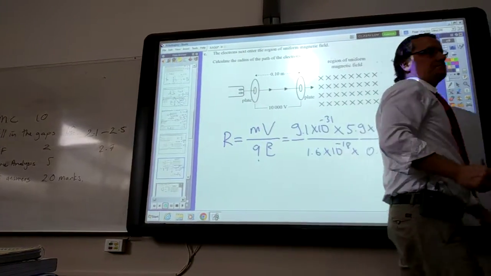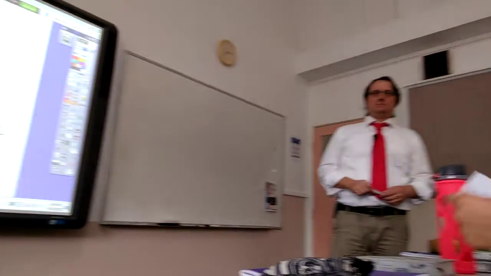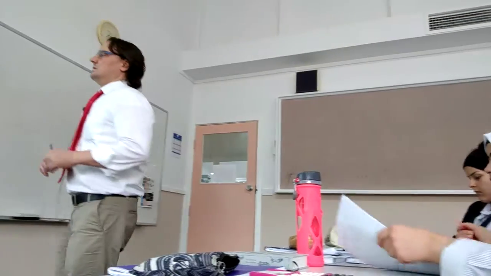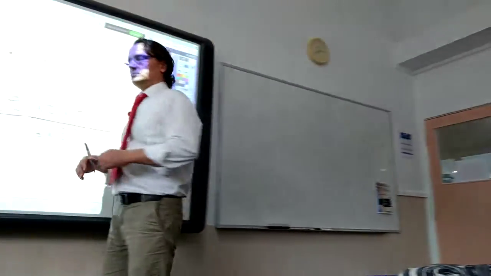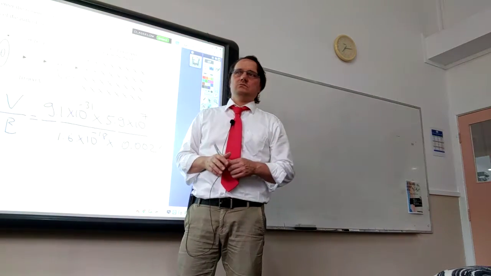Is the radius in the answer we find in meters? If you stick to the standard units, you don't need to worry about the units at all. Does it make sense?